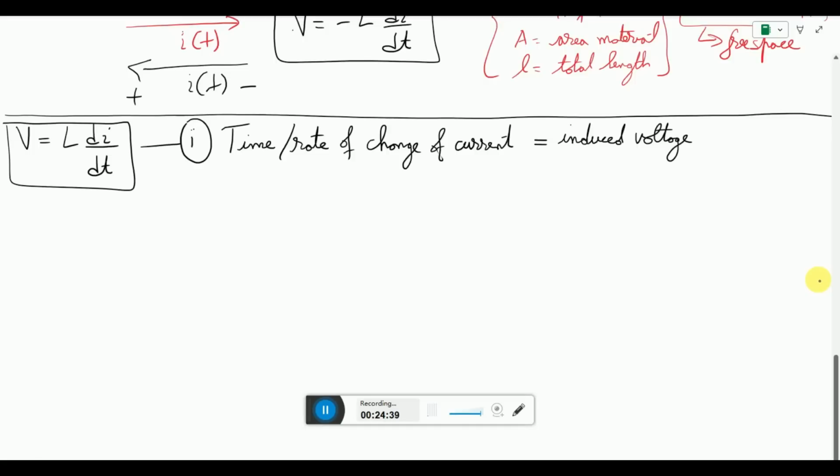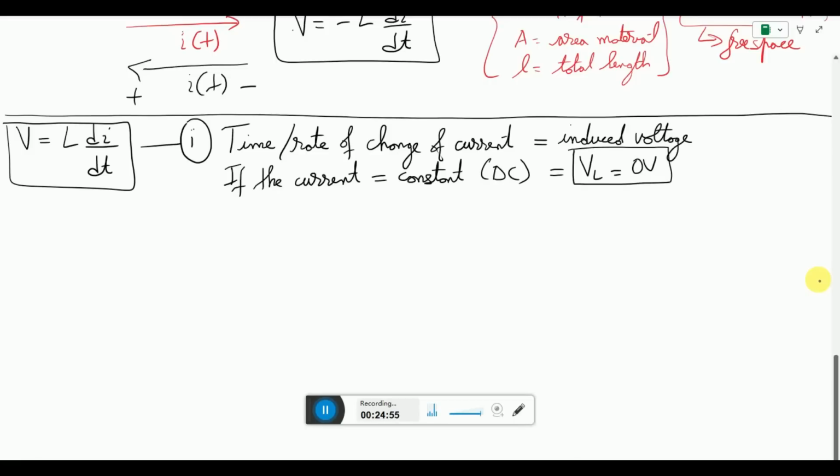However, if the current is constant, which means the current is not changing, like a DC source current, then the induced voltage for the inductor will be 0 volts. In this case, Ohm's law is applicable, which means our coil is going to act as a short circuit element, like a normal wire.